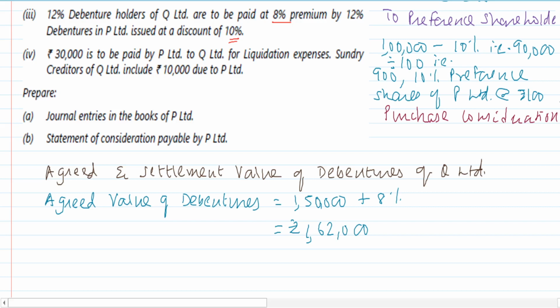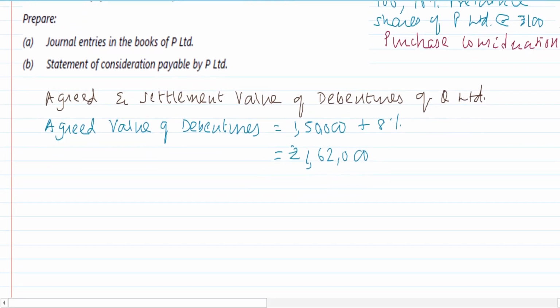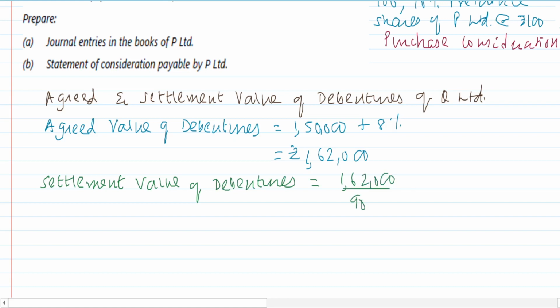8% premium. And we are going to issue our 12% debentures at a discount of 10%. So that will give you the settlement value of the debentures. So we say here, settlement value of debentures equals to, I will issue debentures at 10% discount. That means this 1,62,000 is representing 90% of my face value.